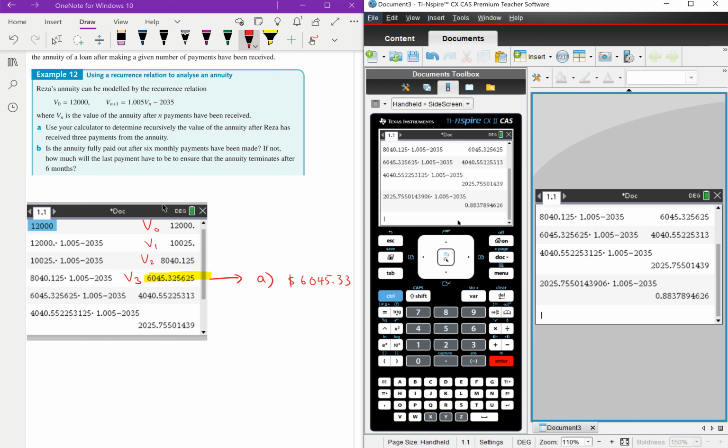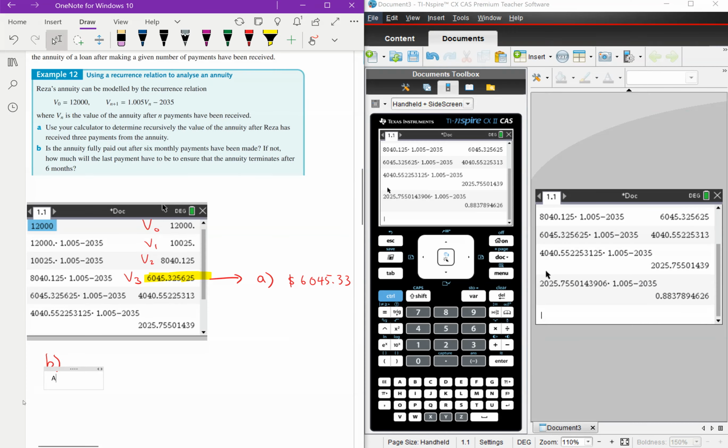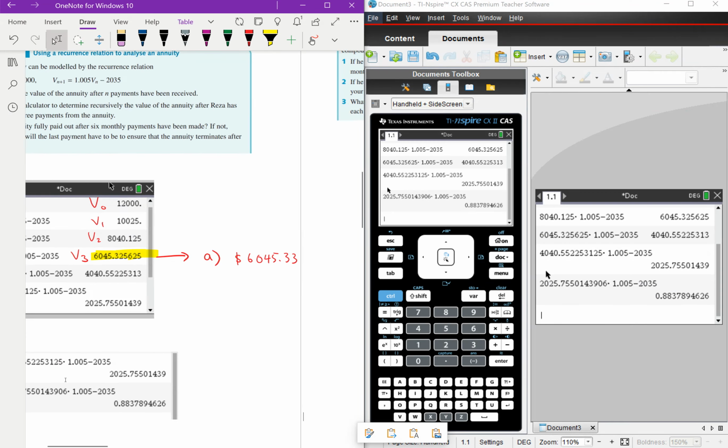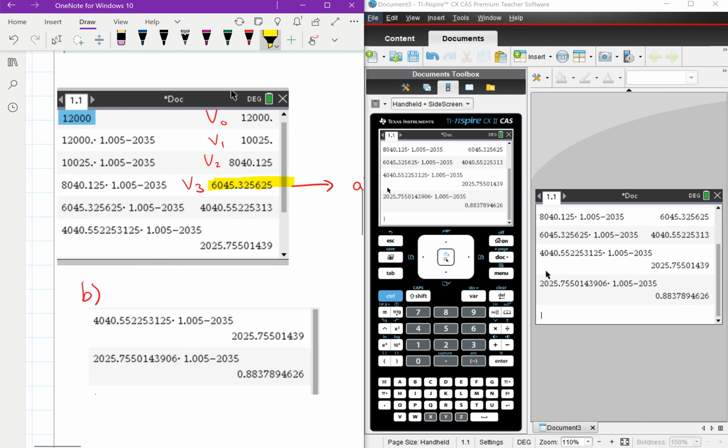So Reza left $12,000 there, and they promised to pay interest back every time, and they will also give back the money, $2,035 every month. Now they still hold on to that 88 cents, so that's why in part B, since they still owe that 88 cents, which I'm going to screenshot just so that we understand, that 88 cents needs to be returned to us.